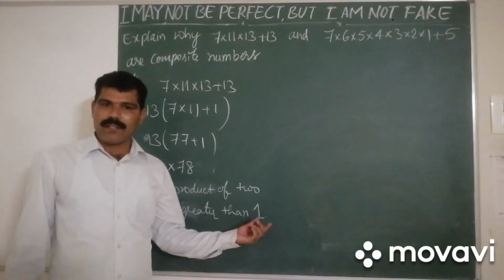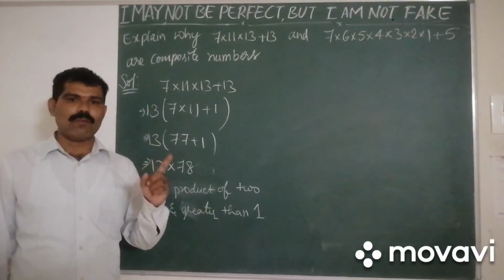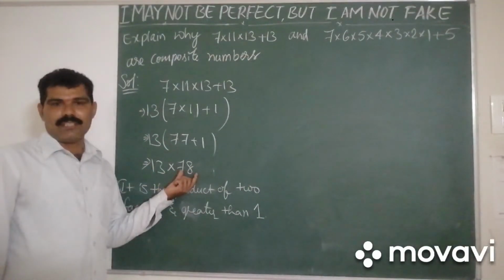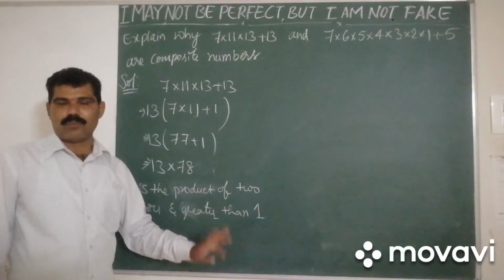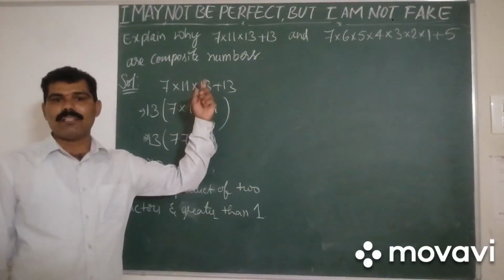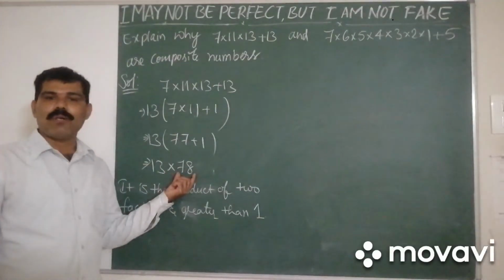Why we said 1 here is because 1 is a factor for all the numbers. So we have one factor, that is 1 here, and apart from 1, 13 and 78. So 2 factors are here. If I include this, 3 factors. So with the help of these 3 values, we can say that the given number is a composite number.